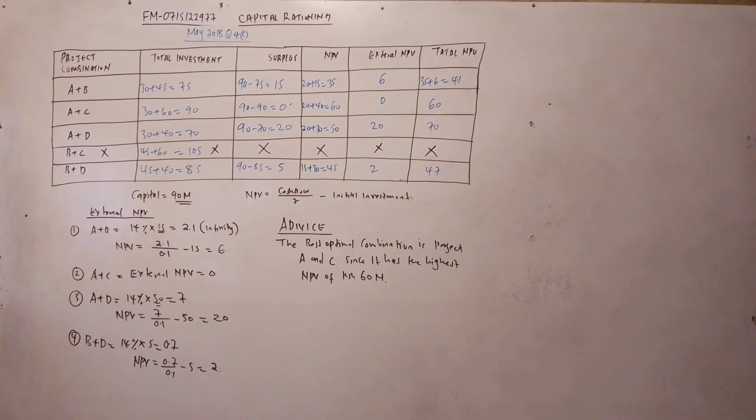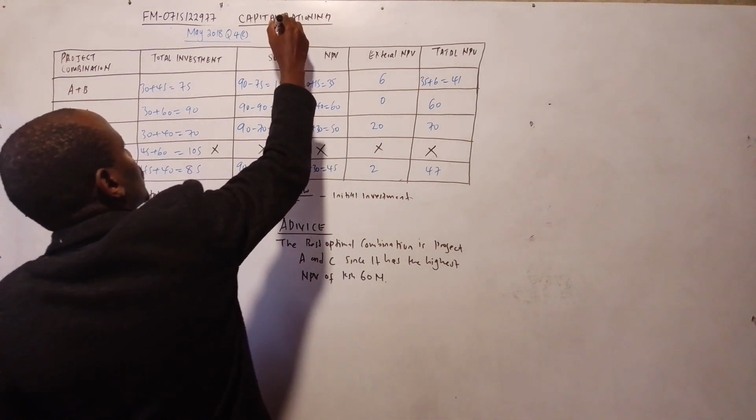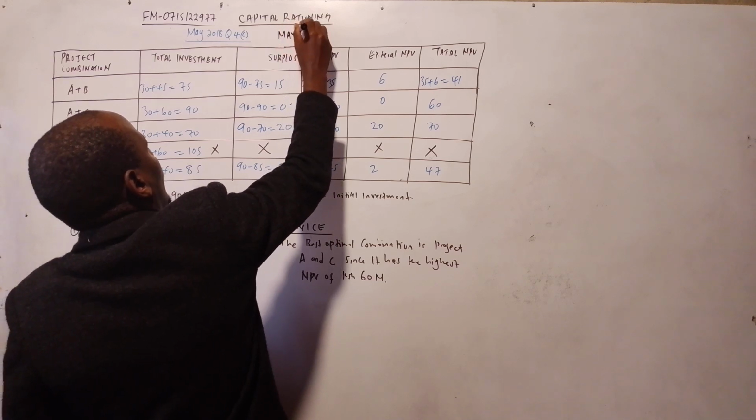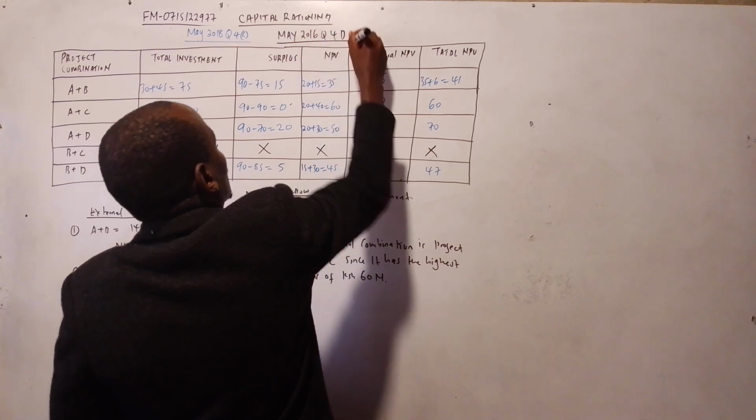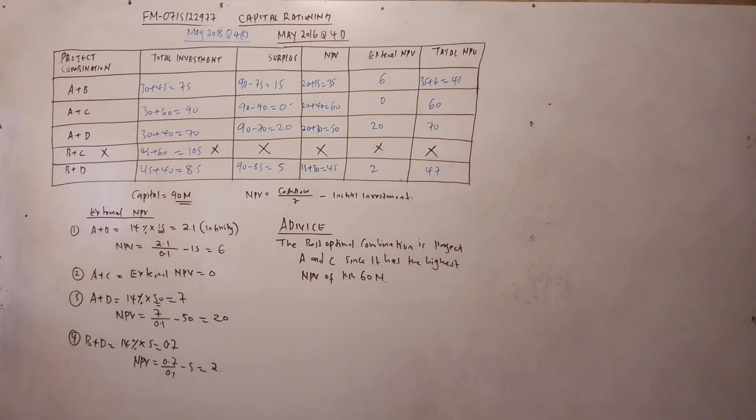So we can look for another question, which is for May 2016, question number 4D. The question reads that Laika Ltd has identified 5 investment projects. So we have the project, the initial cost, and the NPV, as you can see.